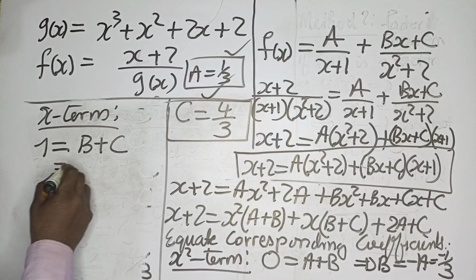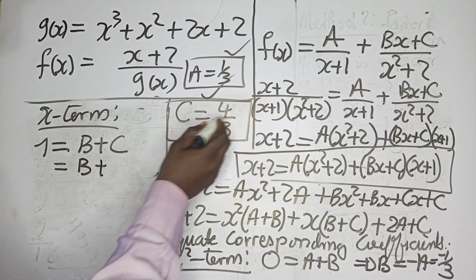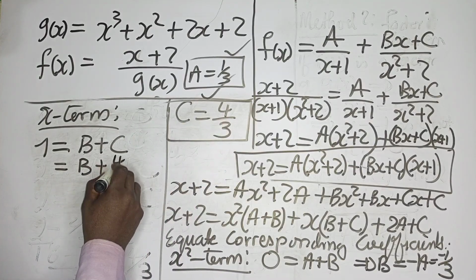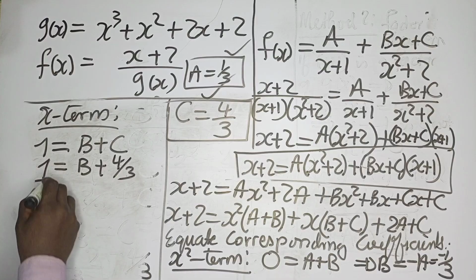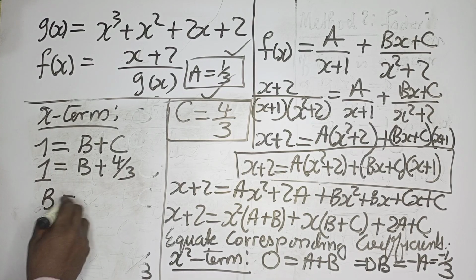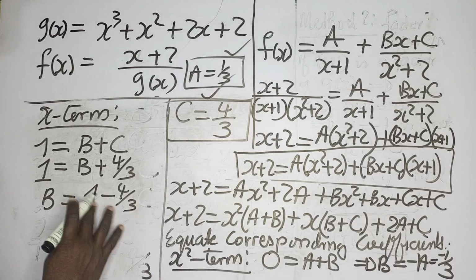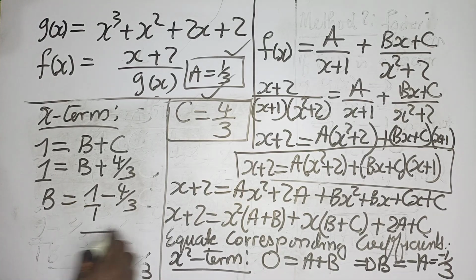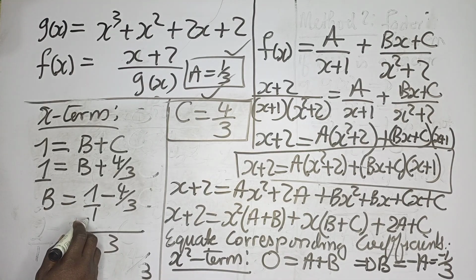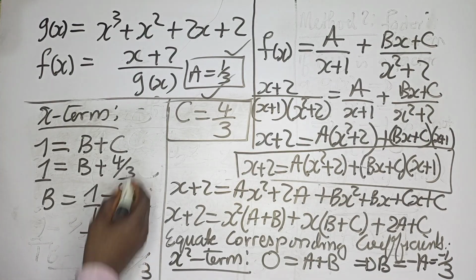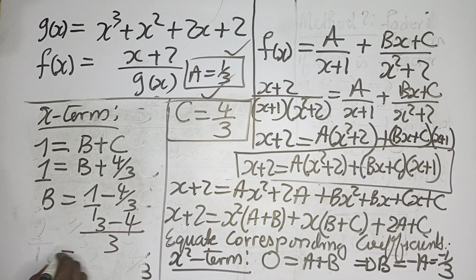So this is b plus our c is 4 all over 3. So we're saying b will be 1 minus 4 all over 3. I'll write 1 also as a fraction. LCM 3. 3 divided by 1 is 3, multiplied by 1 is 3. 3 divided by itself is 1, multiplied by 4. So this gives us negative 1/3. So b is negative 1/3.